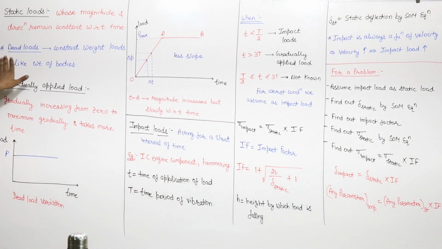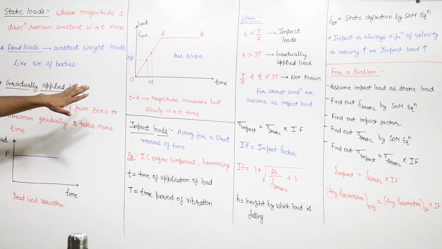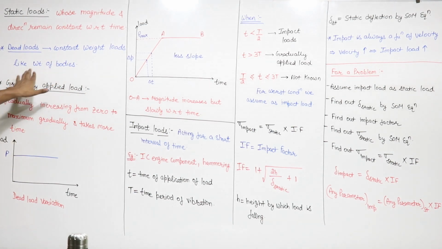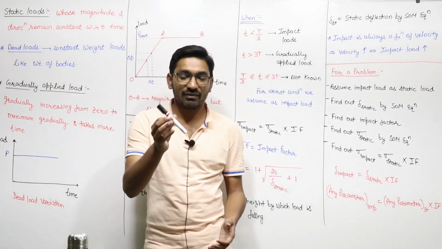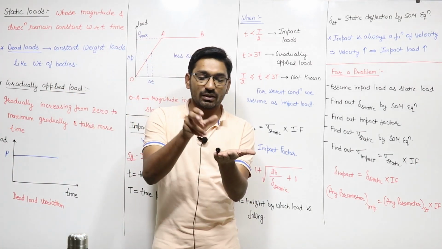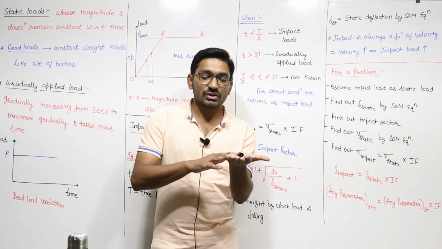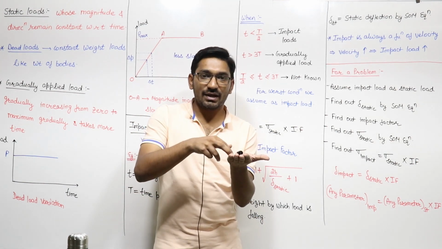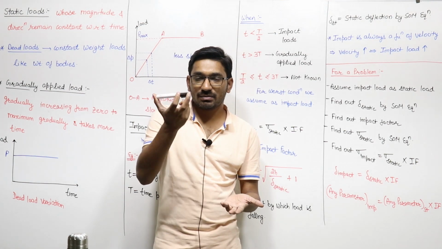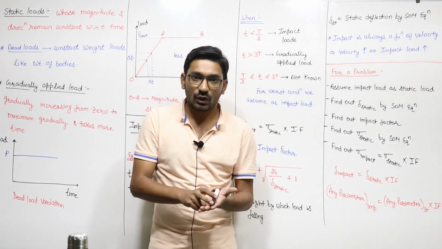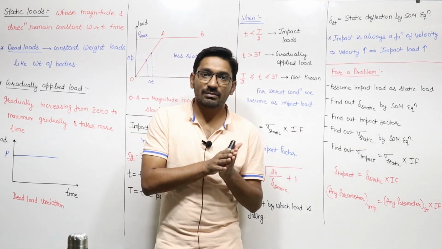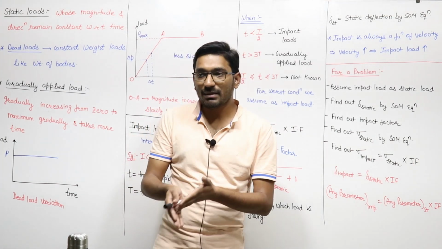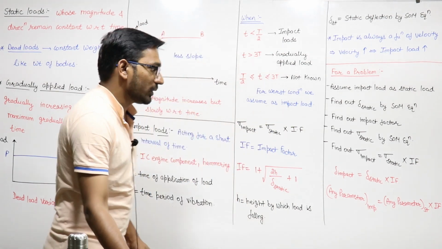An example of the dead loads is the weight of bodies. If there is a body, this marker is having some weight, so if I put it on this hand, the load acting on this hand because of the weight of this marker is the dead load, right? The weight of the non-living body acting on any beam or any structure is your dead load.